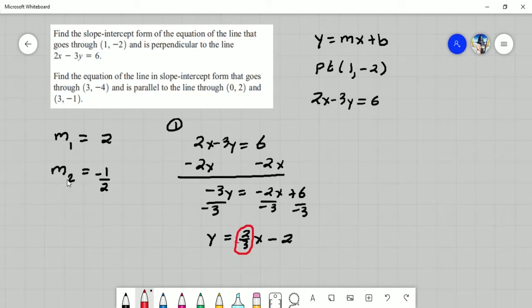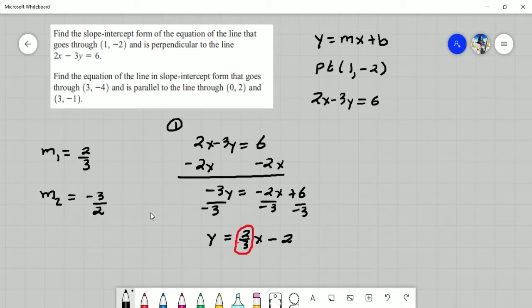So that means the slope of our line that we're trying to find is going to be the reciprocal and negative of that. So that means m2 is going to be a negative 3/2.